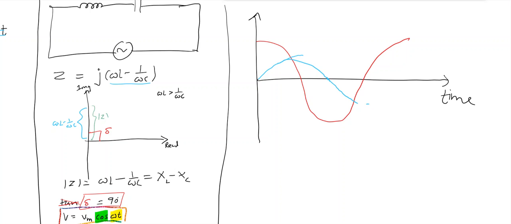When you are plotting this graph, you have to be careful about certain things. First, this peak value must be the same on both sides. This Im should be the same on both sides. Secondly, one is a function of sine, the other is a function of cos.